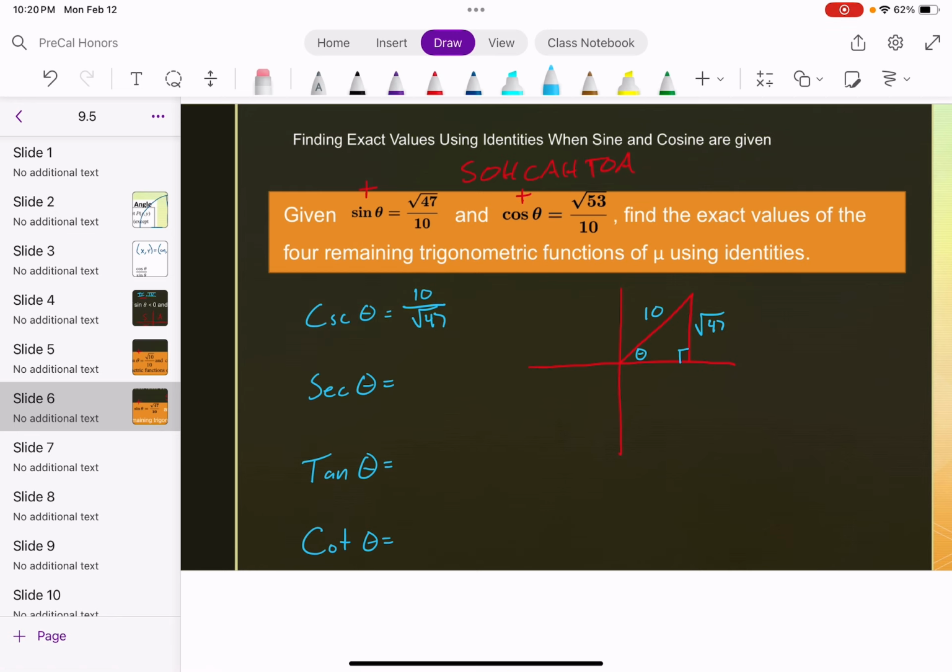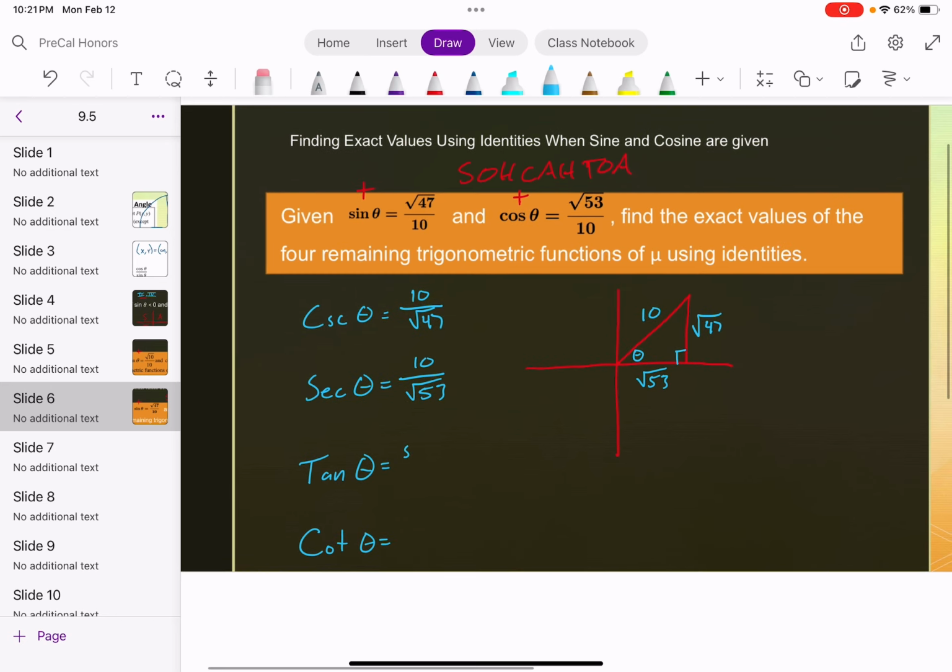Our cosine, notice, is the square root of 53 over 10. Our adjacent would be the square root of 53. Secant would be the inverse of that, which would be 10 over the square root of 53.